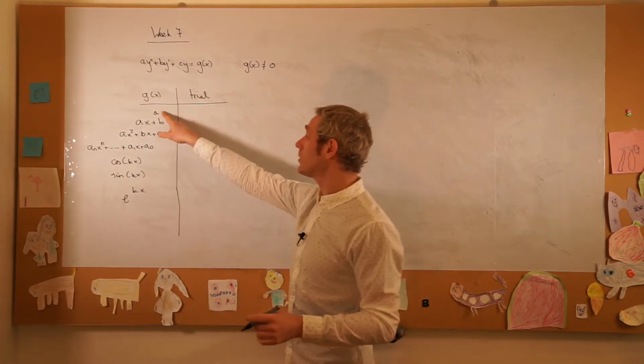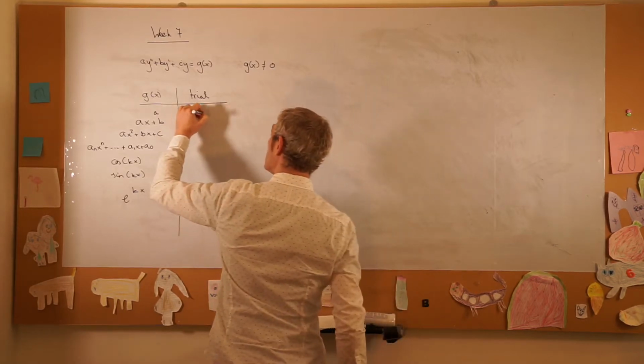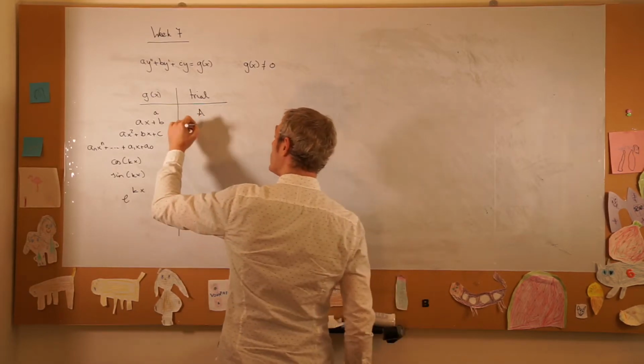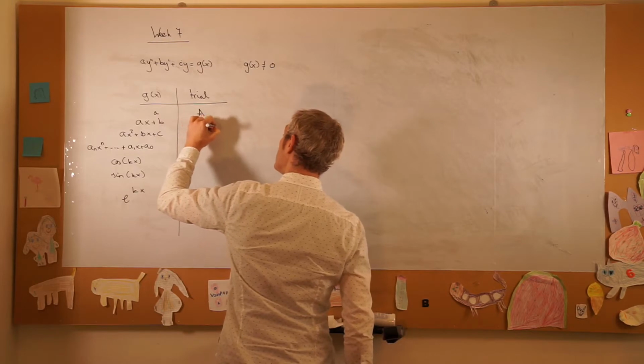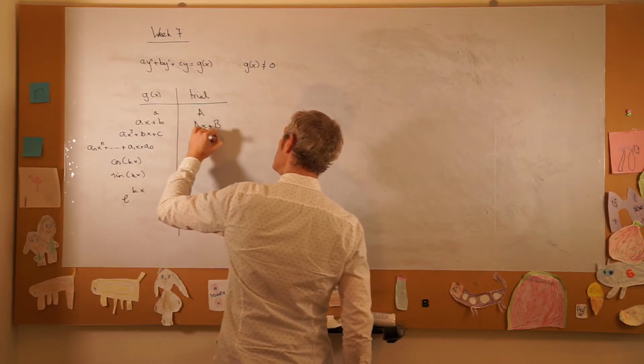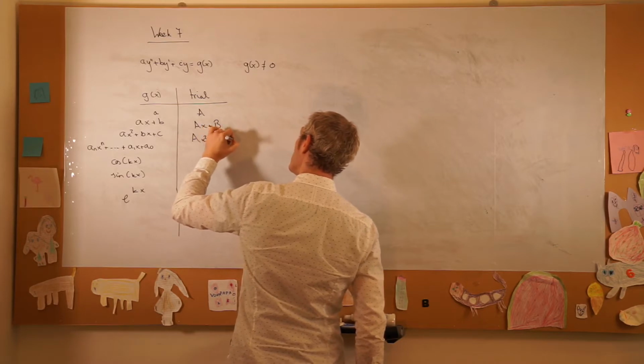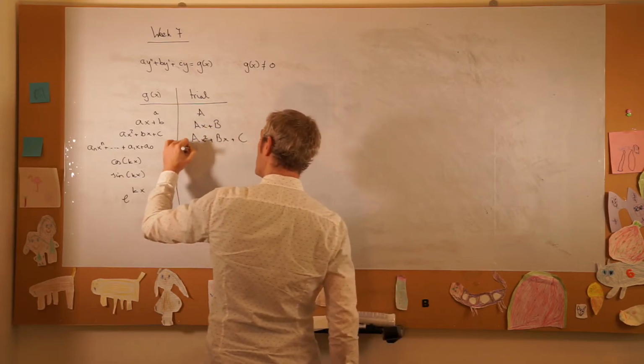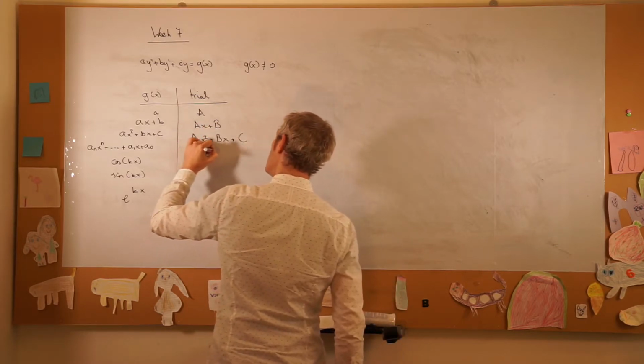So if it is a constant, we choose a constant. If it is a first order polynomial, we choose a first order polynomial. Second order polynomial, we choose a second order polynomial. An nth order polynomial, exactly the same.